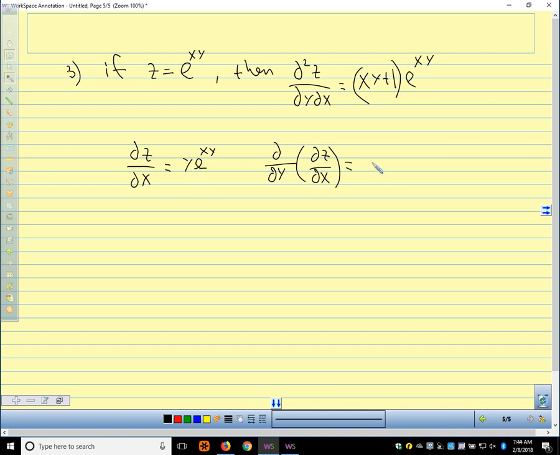First times the derivative of the second, xy, plus the second times the derivative of the first. And then we can factor this, right? We can make it look nice. Oh, it's close. Oh, so that's true.